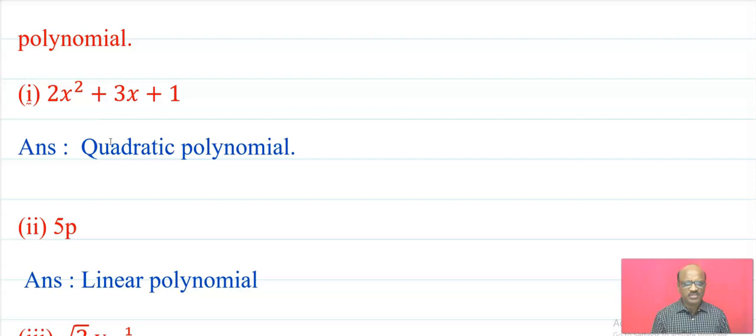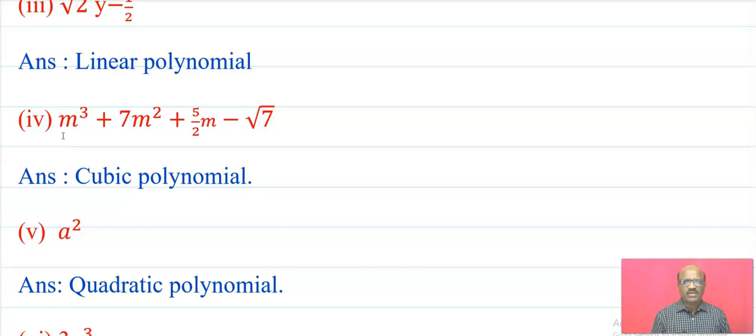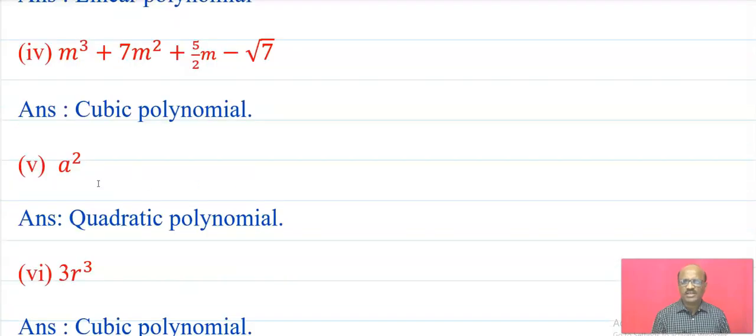Degree of this polynomial is 2. Now the next is root 2y minus 1 upon 2. Degree of this polynomial is 1. Therefore, it is called a linear polynomial. What about here? The highest degree of this polynomial is 3. Therefore, it is a cubic polynomial. A square, the degree is 2. Therefore, it is called a quadratic polynomial.